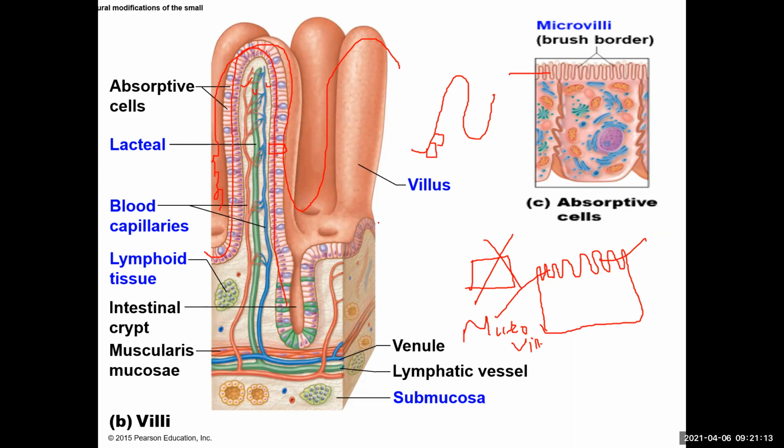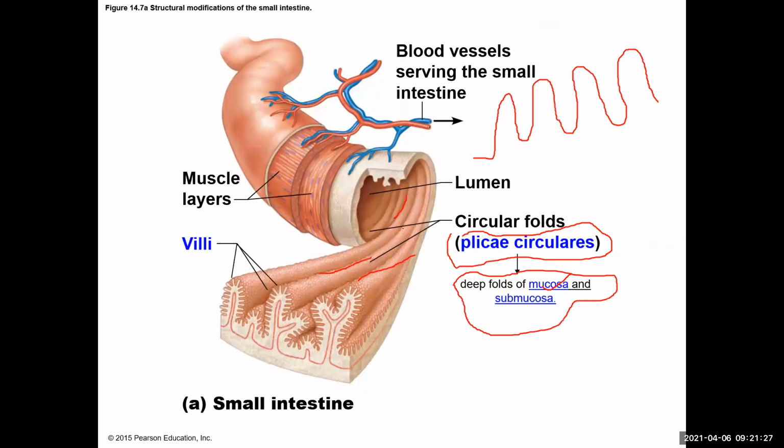So do these circular folds or villi or microvilli disappear like rugae? If you remember rugae, we studied in the stomach. So do they disappear or are they permanently there? These folds. Yes, ladies, what do you think? Absolutely.